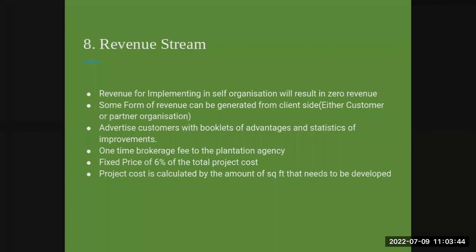Moving on to the revenue stream, when implementing this solution for self-organization in BT itself, the revenue will be zero. Some form of revenue can be generated from the client side when they are reaching out to their customers or their partner organizations. They can reach out by using advertisements and pamphlets or booklets, including all the statistics and improvements of BT and the advantages.